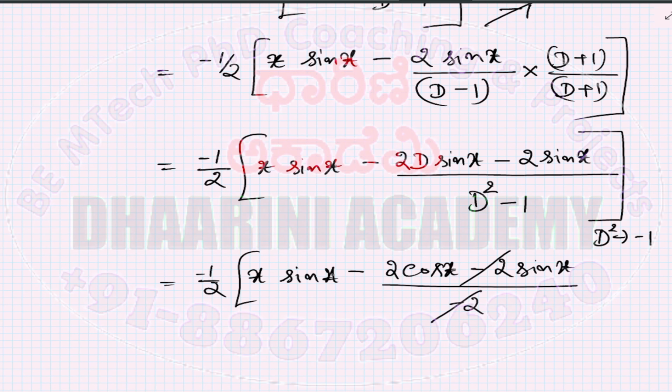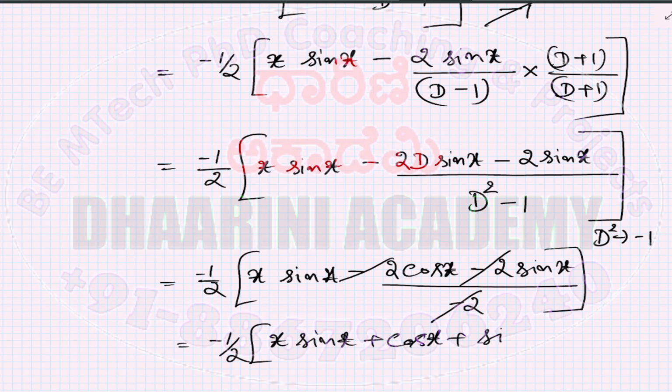So this minus 2, this minus 2 will cancel, everything will become positive. So the final answer I'm going to write as minus half into x sin x plus cos x plus sin x.